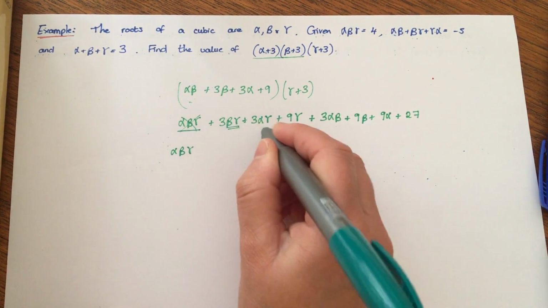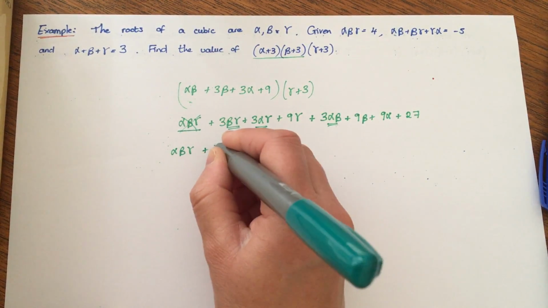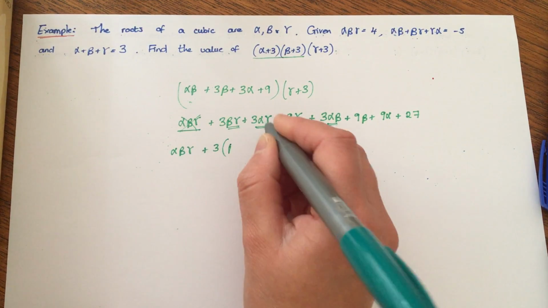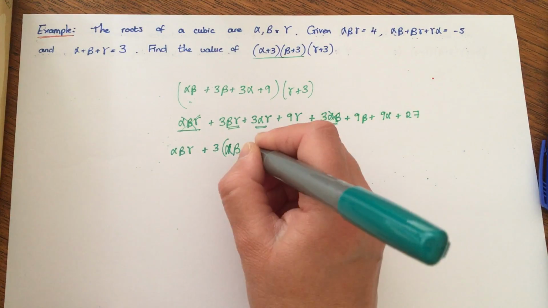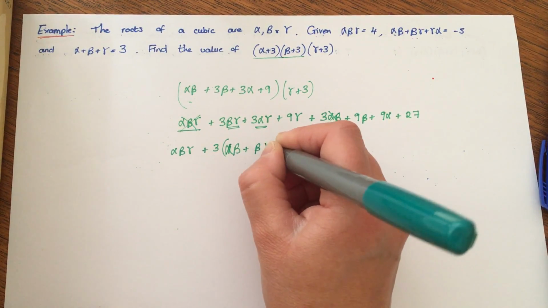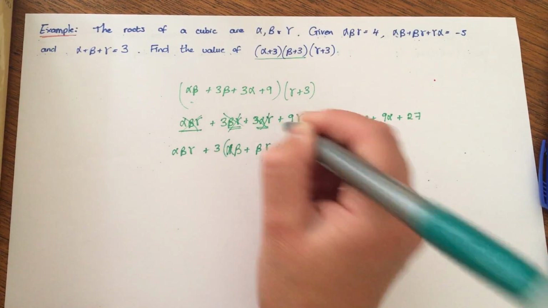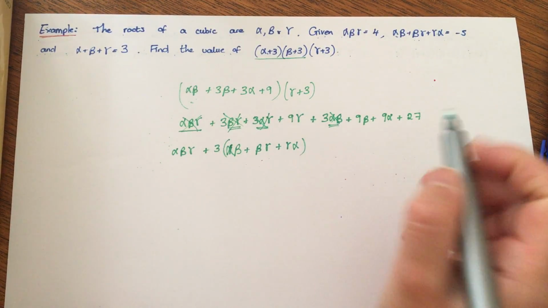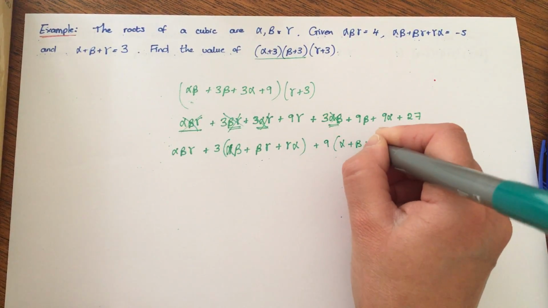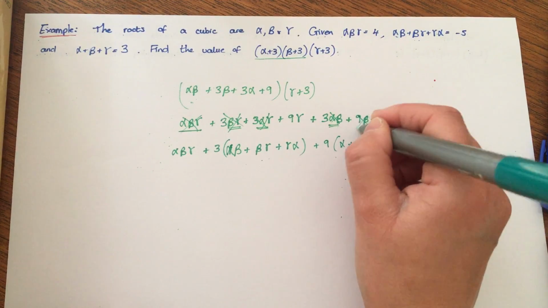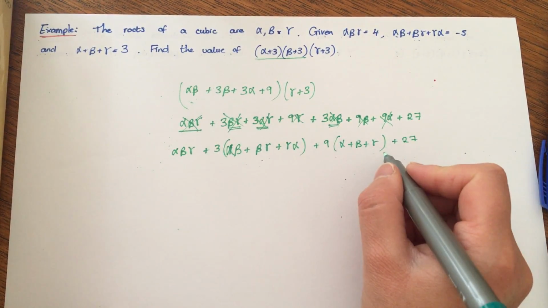If I look at the ones with the 2 parts in, I've got 3 of them, so plus 3 lots of alpha beta plus beta gamma plus gamma alpha, just because that's how I'm used to writing them. And then I've got 9 of the others, plus 9 alpha plus beta plus gamma plus 27. And these are all things that I know.